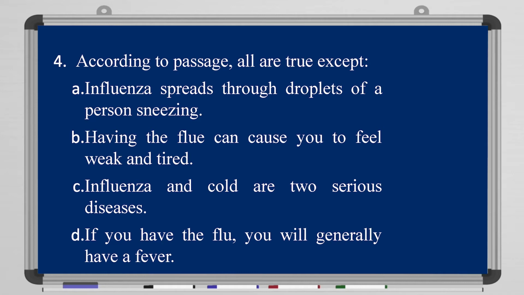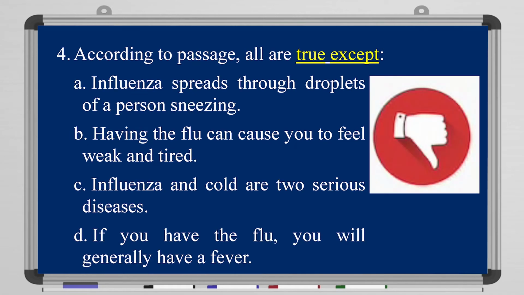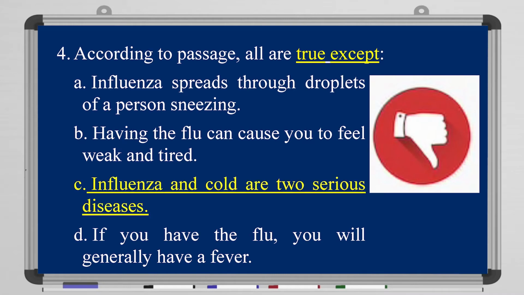Influenza and cold are two serious diseases. If you have the flu, you will generally have a fever. So all of them are true except for one. Which one is it? Try to think from the passage. It is C. Influenza and cold are two serious diseases. This is not true.